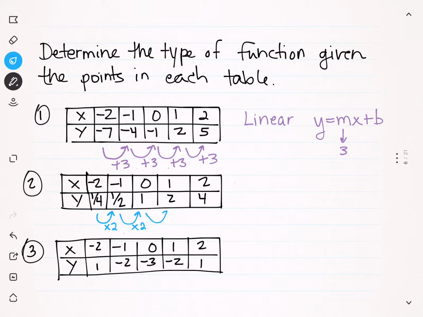Or 1 times 2 gives me 2. And 2 times 2 gives me 4. So instead of adding, this time we're multiplying, and so we're getting larger by multiples of 2, which means we have an exponential function.